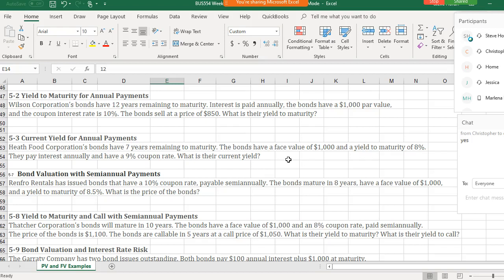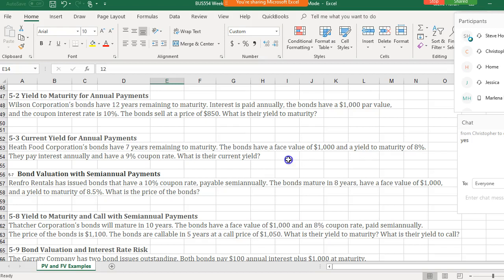And so we have to figure out a couple of things first before I can figure out what the current yield is. One of those things is the value of the bond. So the first question with this particular problem is, what is the value of the bond? I have to know that first because there's a formula I have to deal with. Let me show you the formula.